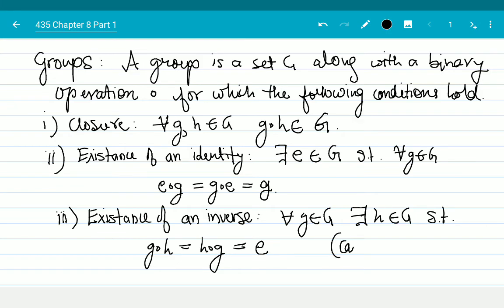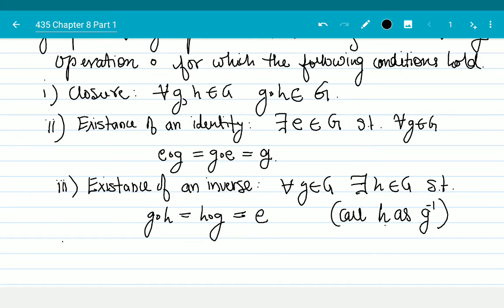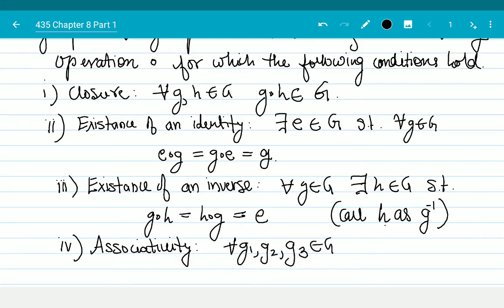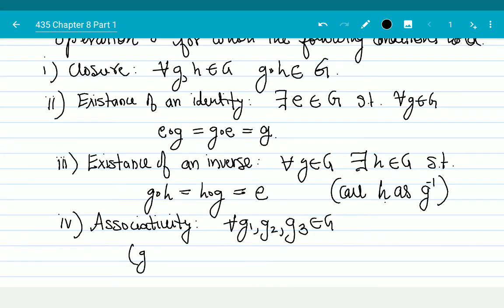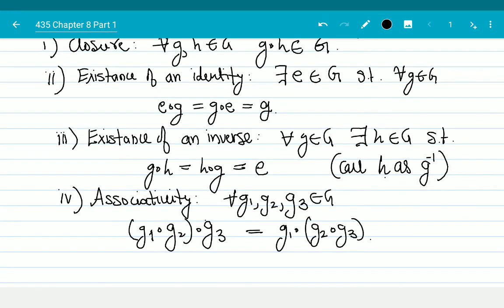Call h as g inverse. And the final property is associativity, which says for every g1, g2, g3 belonging to G, g1 composed g2 composed g3 should be equal to g1 composed, g2 composed g3. So the order of bracketing does not matter.